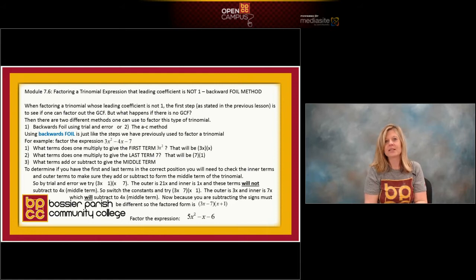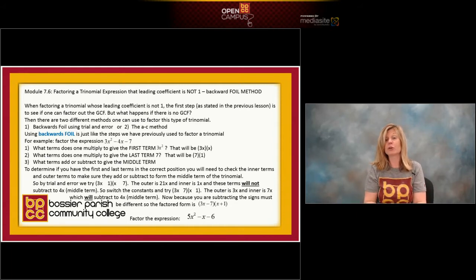What we saw in the previous module is that if we have a trinomial, 3 terms, and the leading coefficient is not the number 1, we would hope we could pull it out by doing the GCF rule. But that means you would have to divide every term by that value, and that's not always the case.